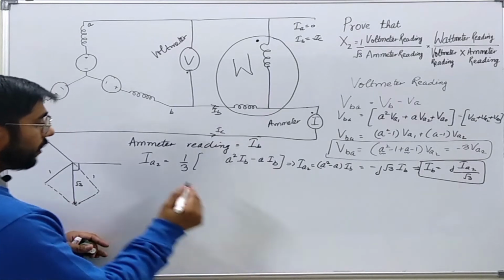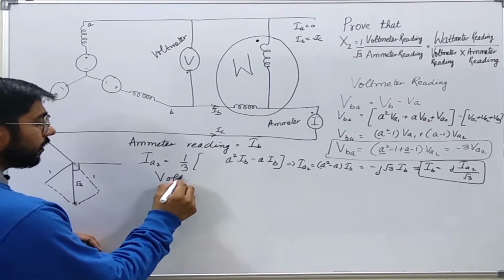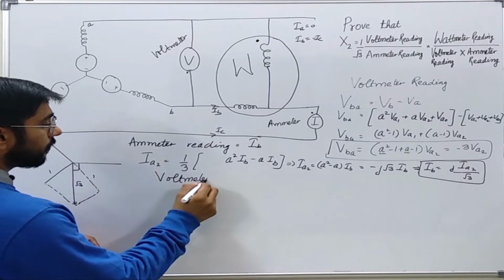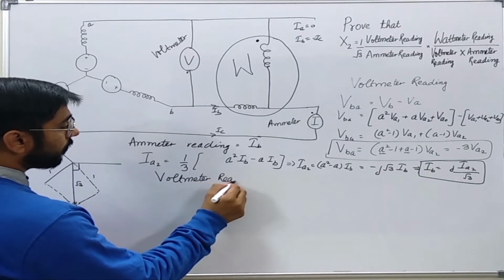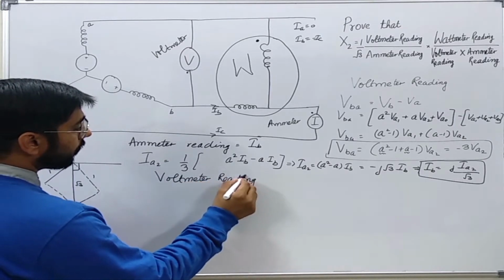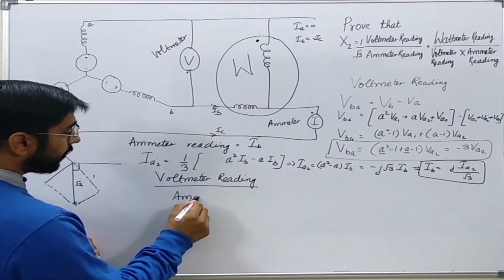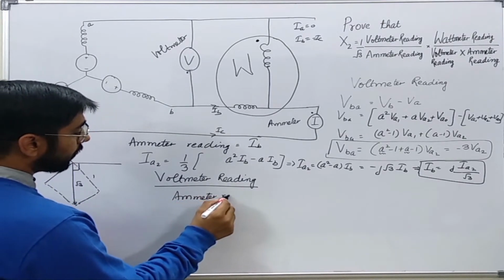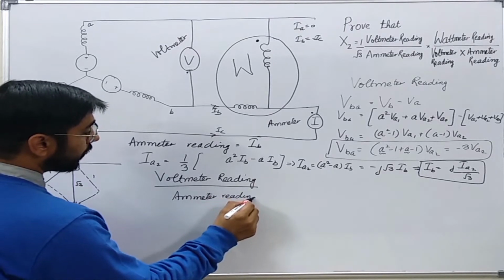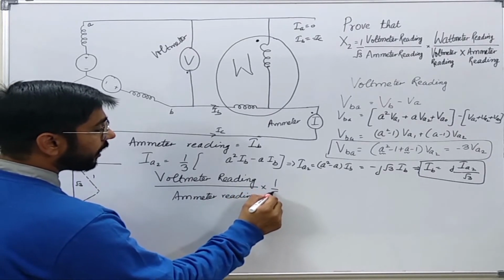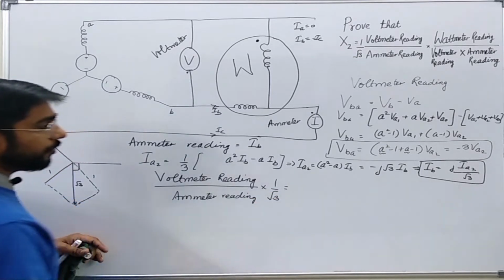So the voltmeter reading divided by the ammeter reading, and it is divided by root 3. What does it give?